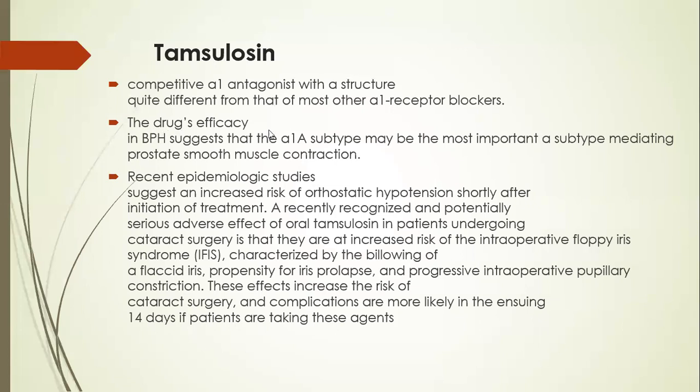The drug's efficacy in BPH suggests that the alpha-1A subtype may be the most important subtype mediating prostate smooth muscle contraction. Recent epidemiologic studies suggest an increased risk of orthostatic hypotension shortly after initiation of treatment.